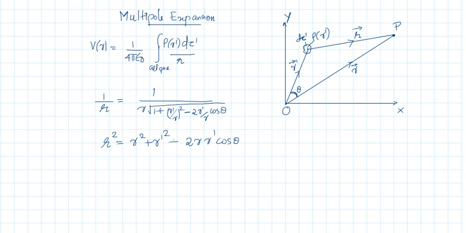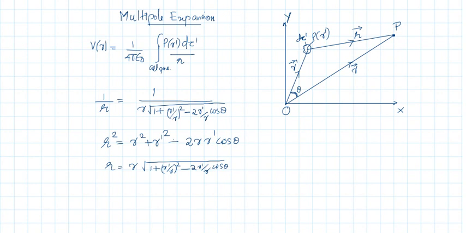You have the length of this side r, the length of this side r prime, and the length of this side is script R. Then script R square is r square plus r prime square minus 2 r r prime into the angle between r and r prime. From here you can write script R as r into root of 1 plus r prime by r the whole square minus 2 r prime by r cos theta.